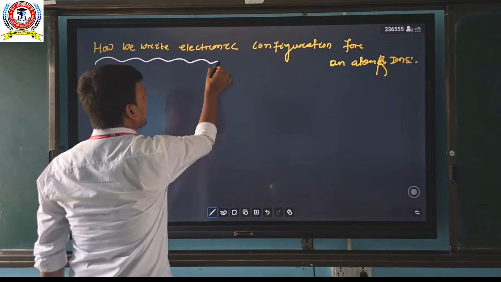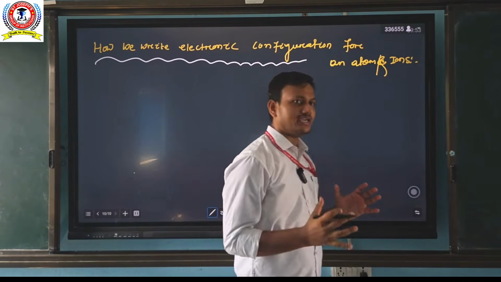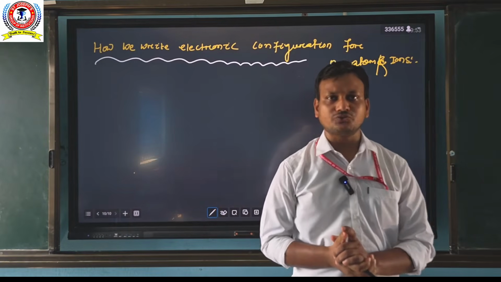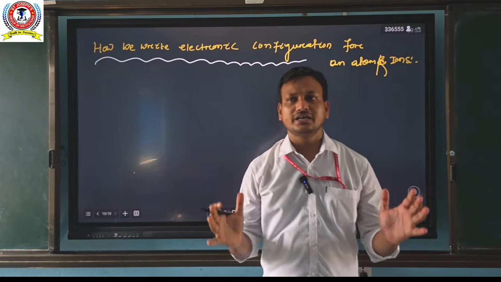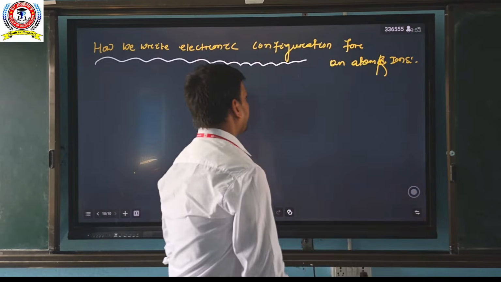This is the most important point for your NEET, JEE, class 11 and class 12 exams.